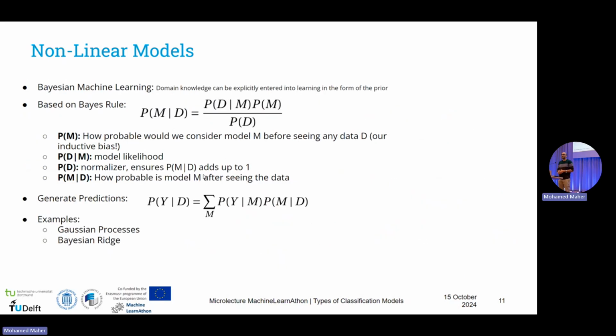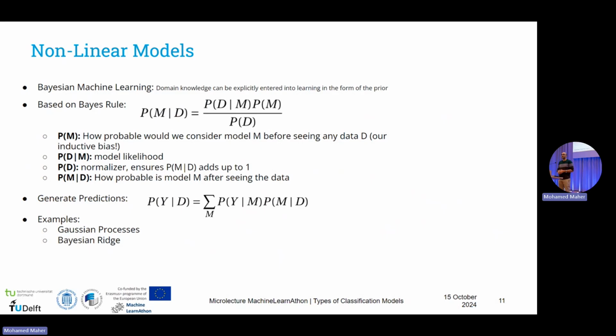Other examples of nonlinear models could be Bayesian machine learning, where we start by explicitly including the domain knowledge as a prior inside the Bayes rule. We have the model likelihood, we have the prior knowledge, we train our model over our training set, and try to find the posterior by generating the predictions at the end.